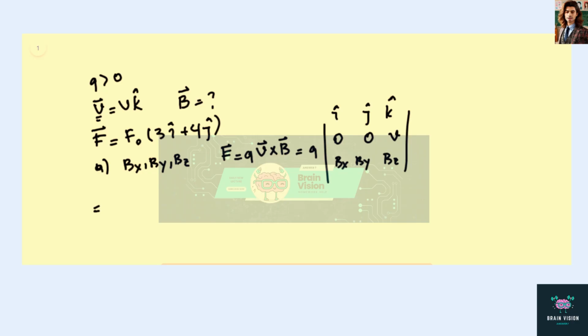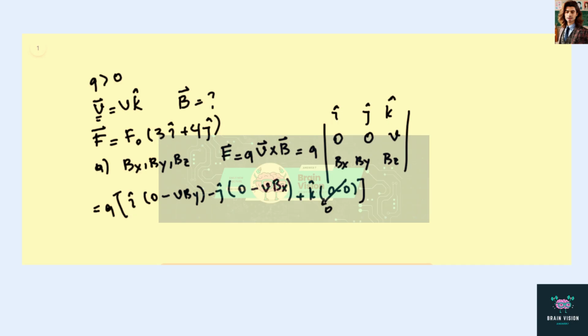This is equal to q times i hat (0 times Bz, which is 0, minus v times By), minus j hat (0 times Bz, which is 0, minus v times Bx), plus k hat (0 minus 0).